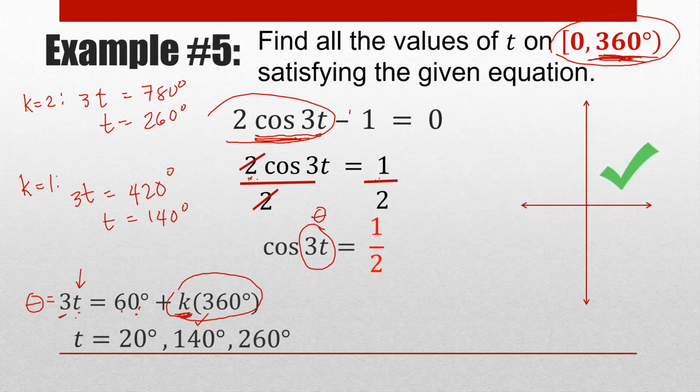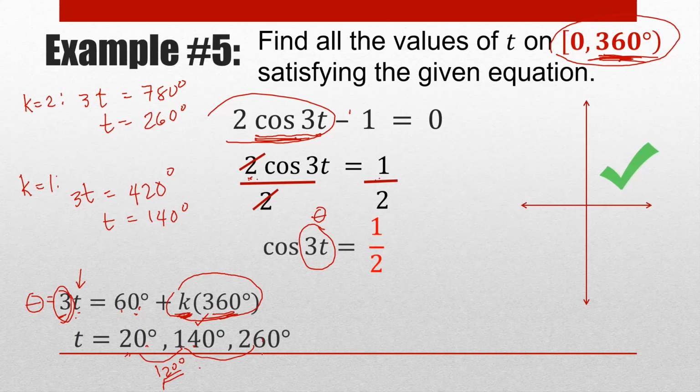Diba? So, you notice this as a pattern. 20, 140, 260. They differ by, parang sa arithmetic progression natin, 120 degrees. And you notice yung 120 degrees na yun is actually 360 degrees divided by 3. So, once you know the 60 degrees divided by 3 na 20 degrees, you can just add the 120 degrees.